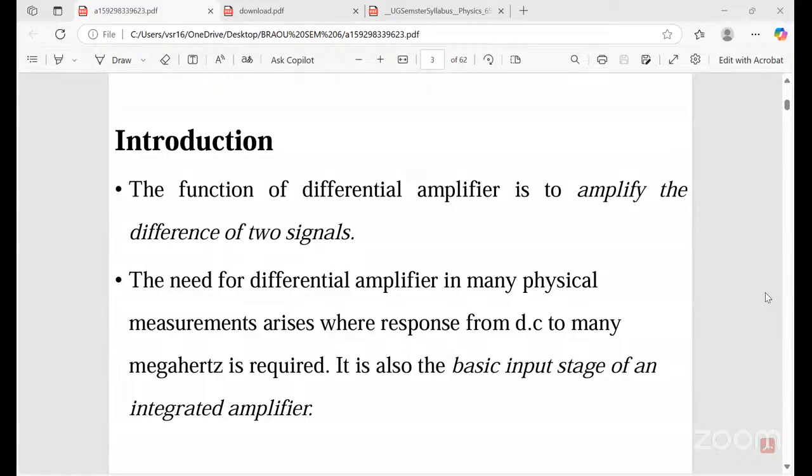There we are using the amplifier. So why do we use an amplifier? It is going to strengthen the signal here.